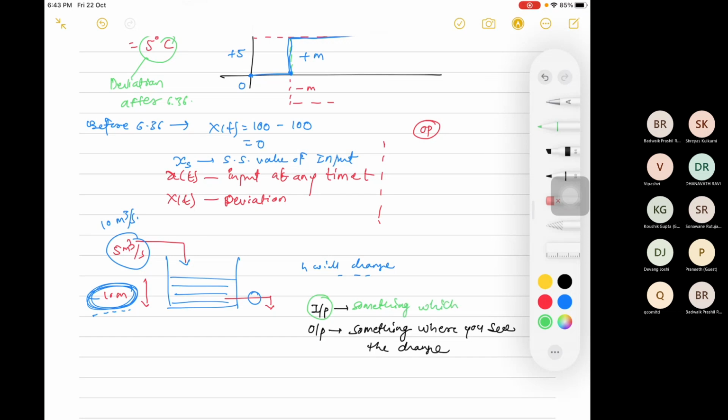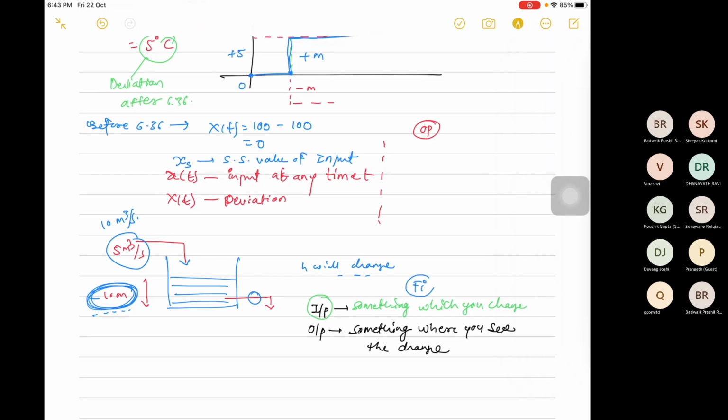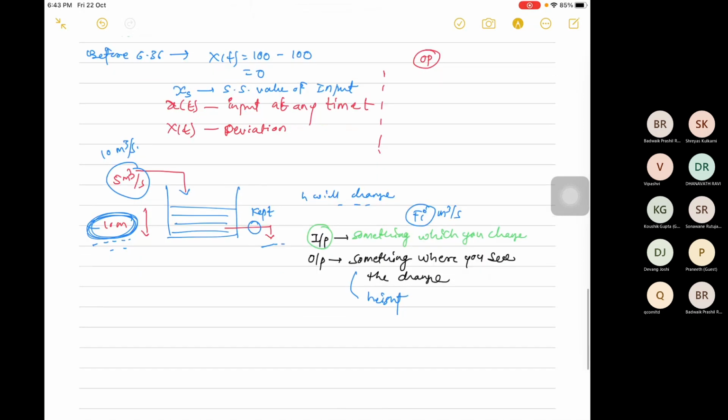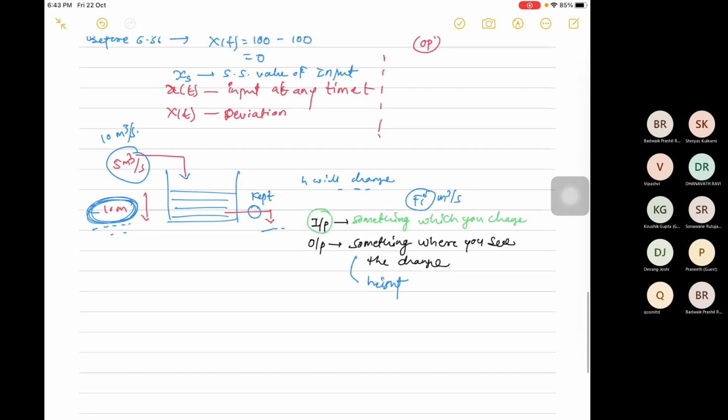So what did you change here? You changed the inlet flow rate F_i in meter cube per second, and you got a change in the output. What is your output? Maybe flow rate or maybe height, but you can see here I kept the output flow rate at a constant value, so there is a change in height. So height is your output variable. You can say your flow rate, that is small f.